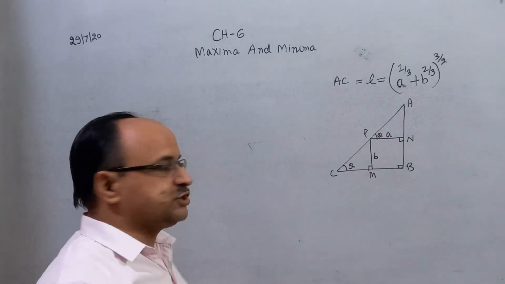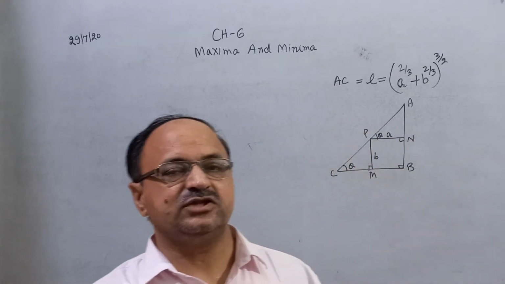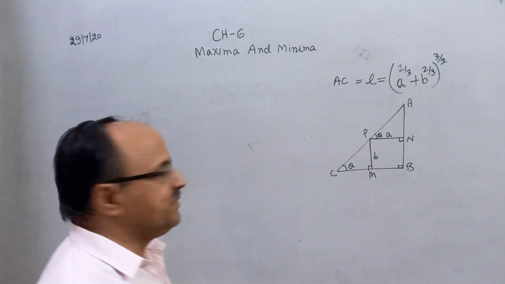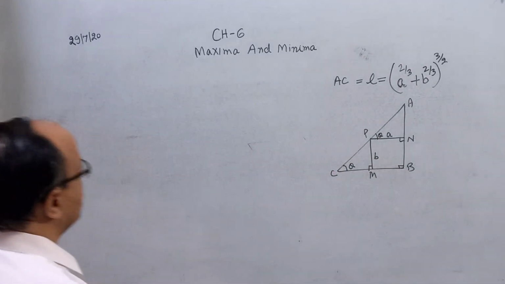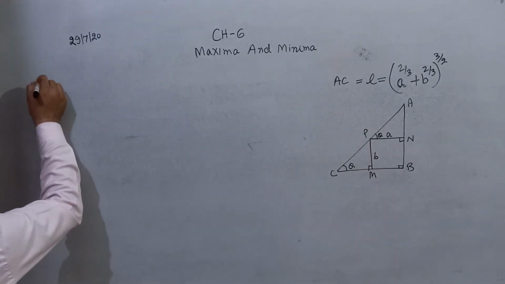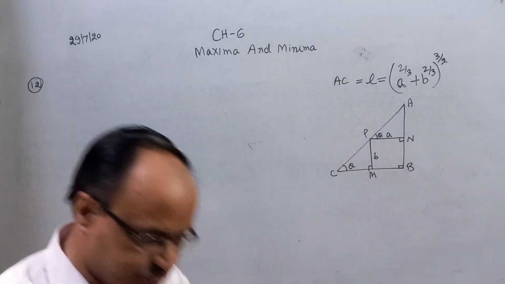So in this question, right angle triangle ABC, we have to prove that the length of the hypotenuse is minimized. Okay. Very important question 12. Solution.